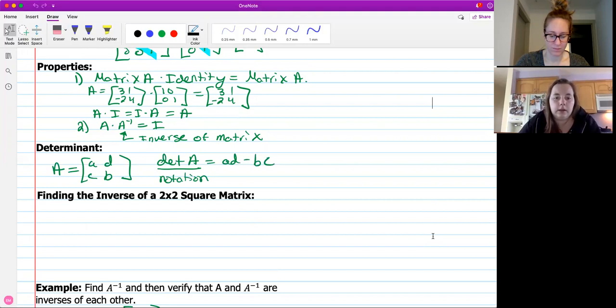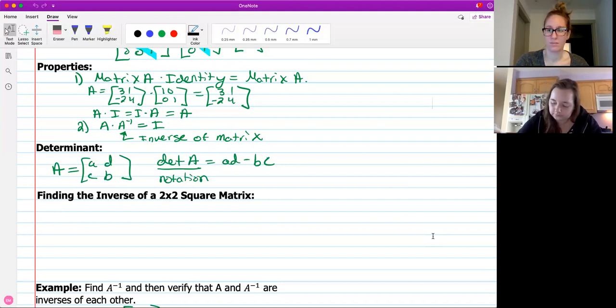And this gets used for inverses. It's super simple. You just take AD minus BC, and then you should get one number. If you get confused and you see determinant somewhere, that's how you find the determinant.